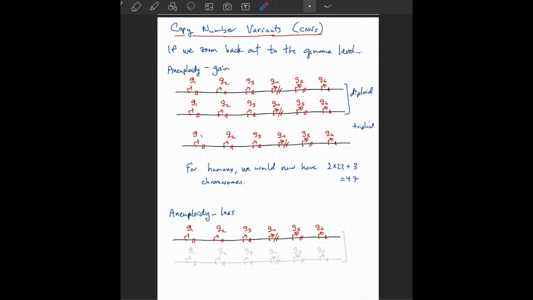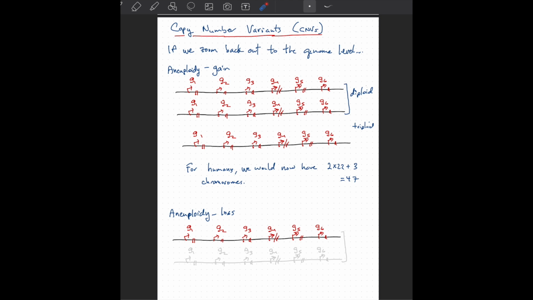You can also have euploidy, where only part of the chromosome is amplified. That's fine too. Or you can have full chromosomes copied. So in this case, if this was one chromosome, the 2 copies, and now you have an aneuploidy event, that person would have 47 chromosomes. That's usually not a good idea for humans.